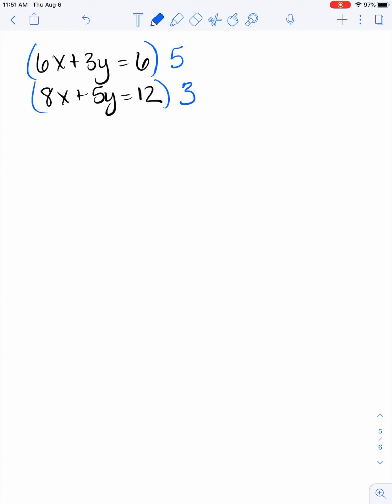However, they're both a positive 15, and I need one of them to be negative. So I'm going to put a negative on my 5. It does not matter. You could put the negative on the 3. Whatever floats your boat. So negative 30x minus 15y equals negative 30. There are about 1,000 places for you to make a careless mistake in these. So I highly recommend that you slow down.